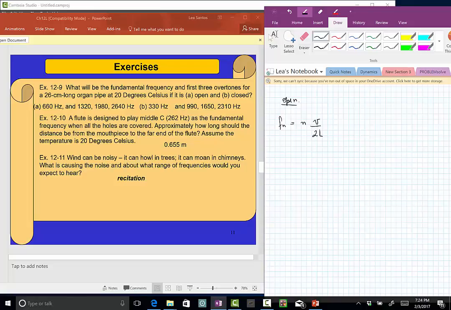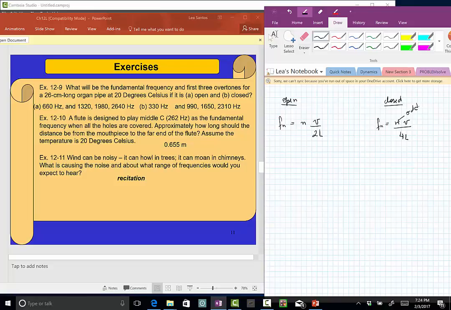This is the case as in the flute, where both edges are open. In the case of a closed tube, where just one side is open but the other one is closed, that very particular case, what we saw is the frequency is NV divided by 4L, and careful, this N can only be odd. So this is it.